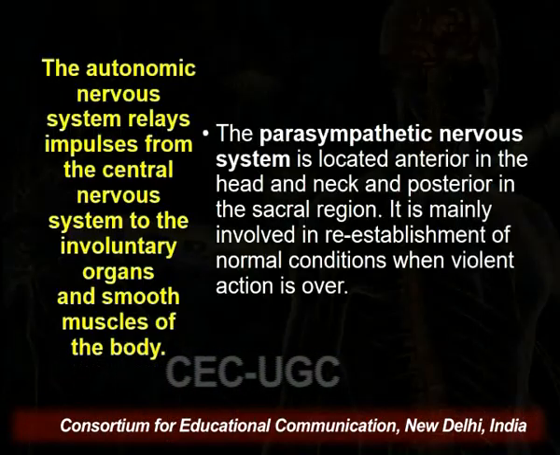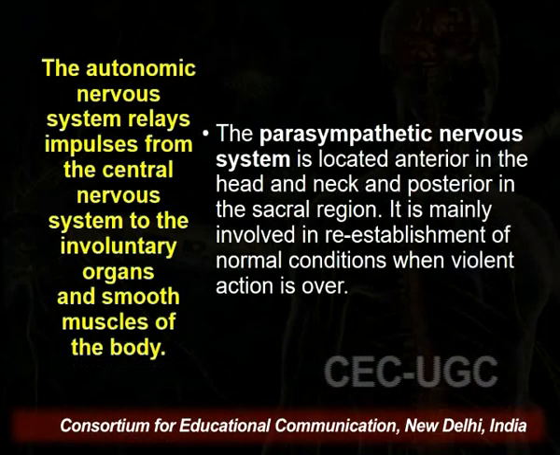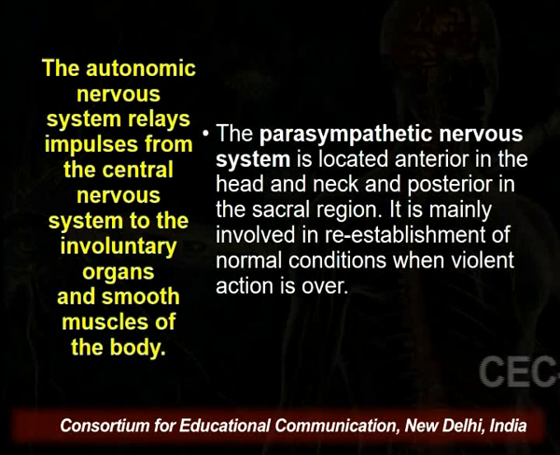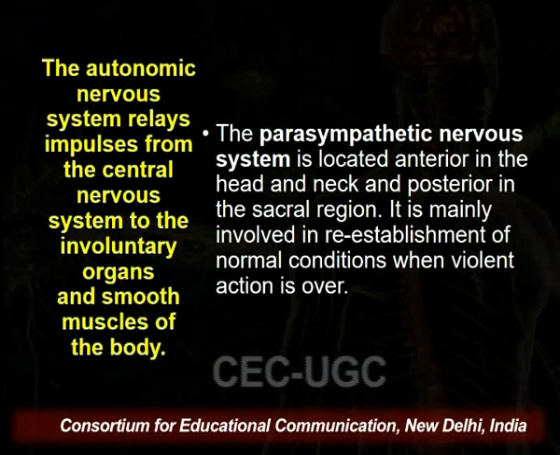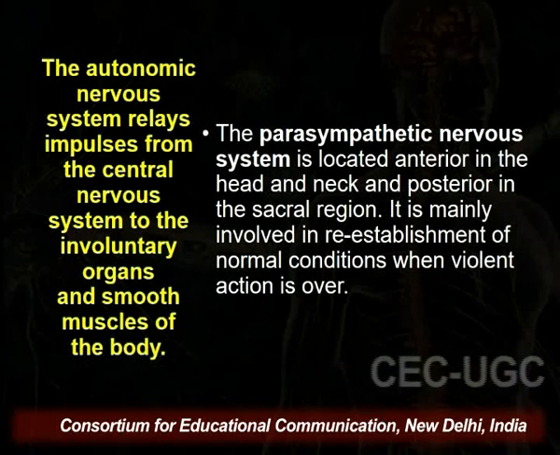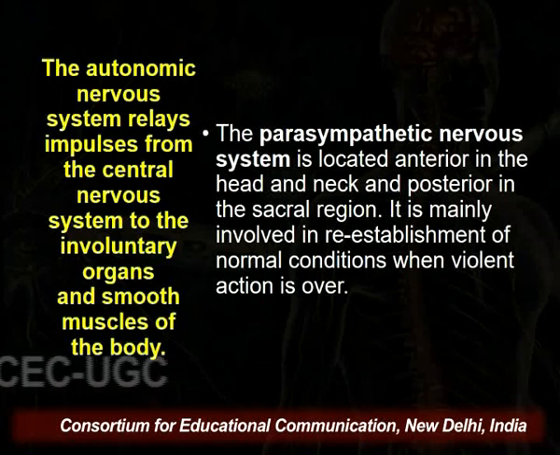The next one, the parasympathetic nervous system, is located anterior in the head and neck and posterior in the sacral region. It is mainly involved in re-establishment of normal conditions when violent action is over.